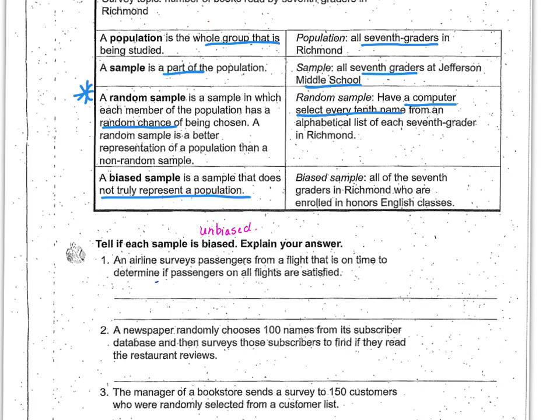Okay? If I stood inside a library and asked every 10th person if they like to read books, that would be a biased sample because they are at the library. So in our case, a biased sample would be the 7th graders in Richmond who are taking honors English. Well, you're only looking at one group of kids. You have to look at everyone.